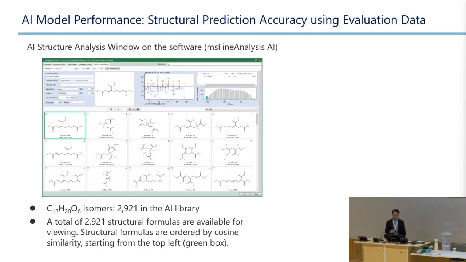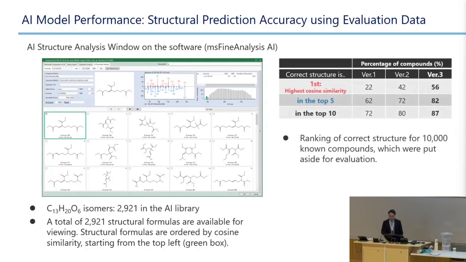But actually, we have to check the structures with higher cosine similarity scores at the beginning. Many customers and researchers ask us, how about the prediction accuracy when using your libraries? This is a summary table from version 1 to version 3.